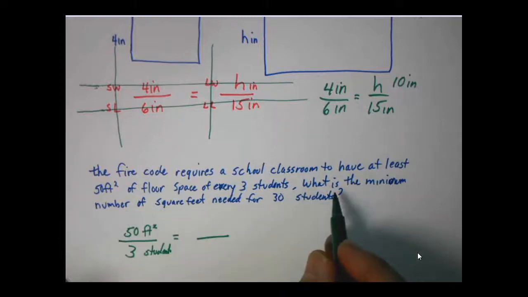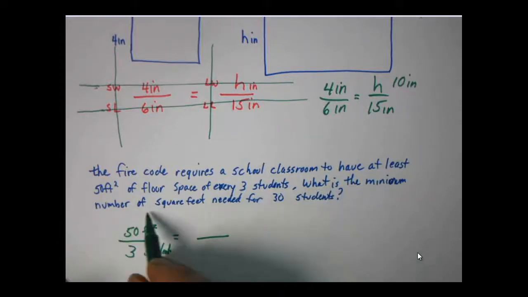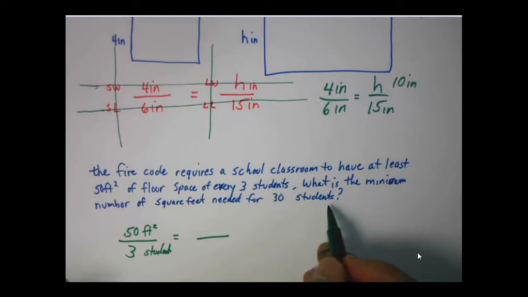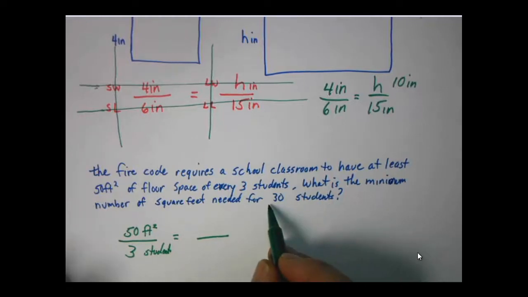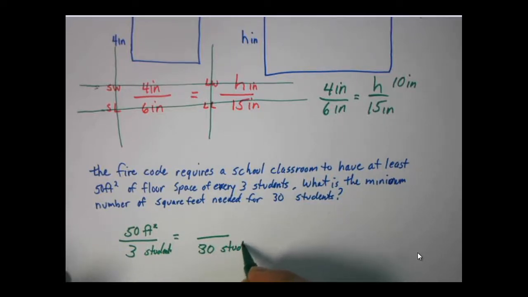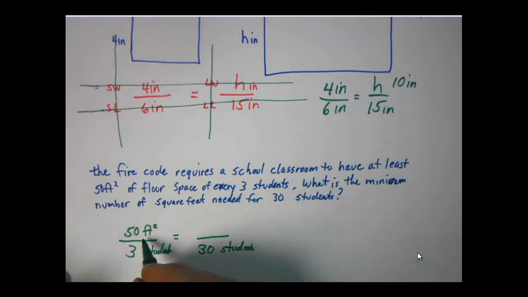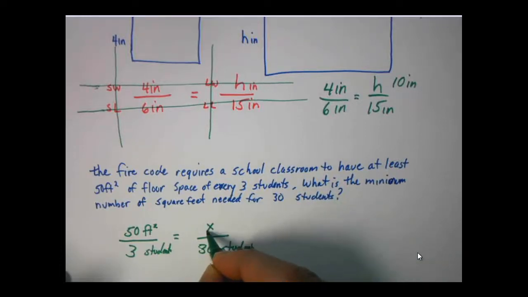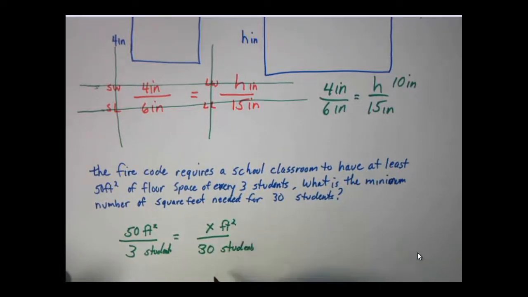So the next part of the question says, what is the minimum number of square feet needed for 30 students? So the information they gave me is 30 students. They're on the bottom. Therefore, they need to stay on the bottom over here. They have to all line up. Remember that tic-tac-toe grid type of deal. So I have 30 students, and I'm looking for the number of square feet, and so that matches with being on the top.